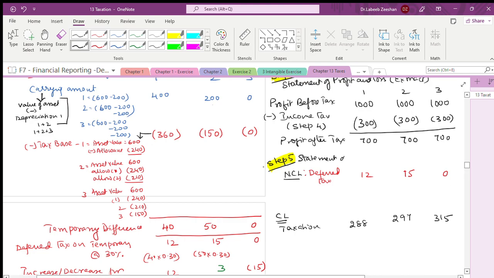Statement of financial position extract.